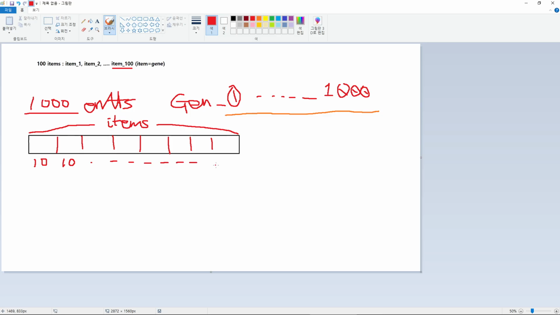Till here is 10 items, until here is 20, 30, all the way to 100 items. And for each additional 10 items, for example, 100 entities were added to simulate the evolution, to carry out the evolution.